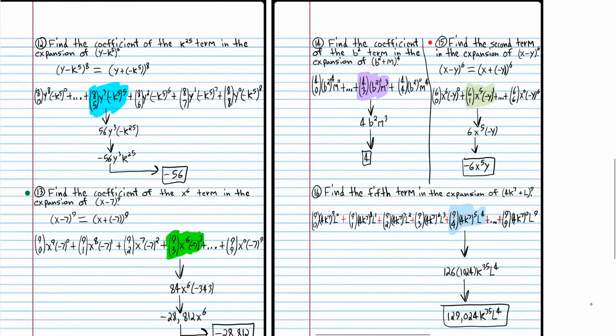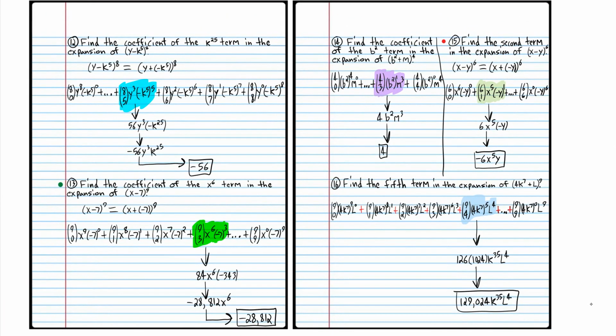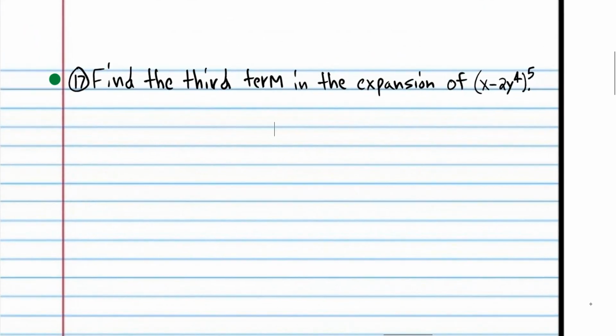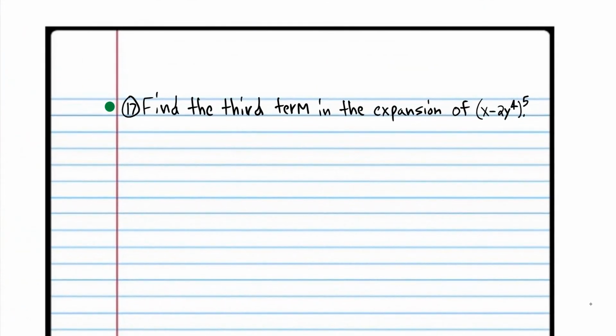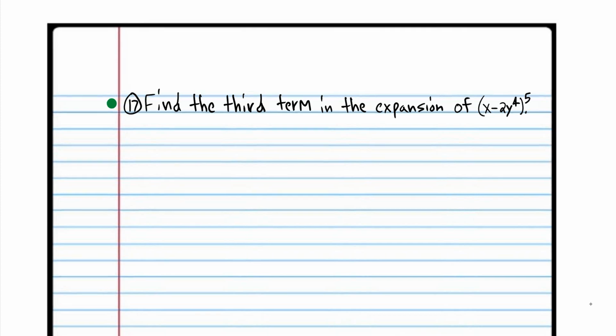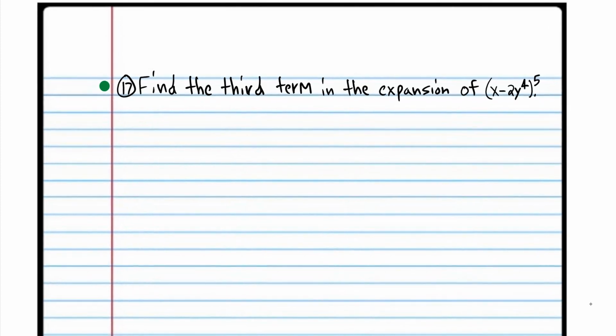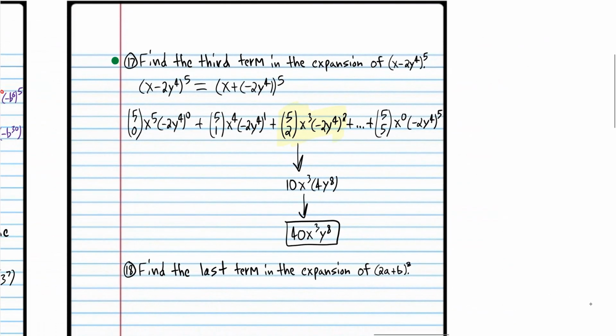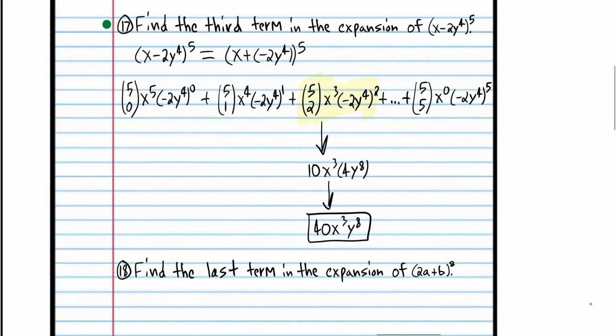So I want you to get pictures of number 15 and 16. Alright, so go ahead and try number 17, and when you come back, we'll do it together. Okay, we're back, so we're going to find the third term. So if you got that right, excellent.